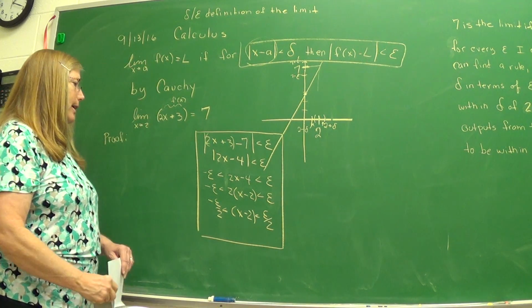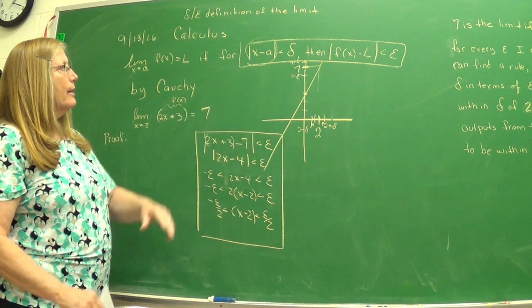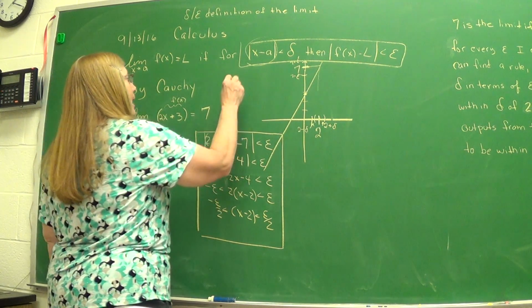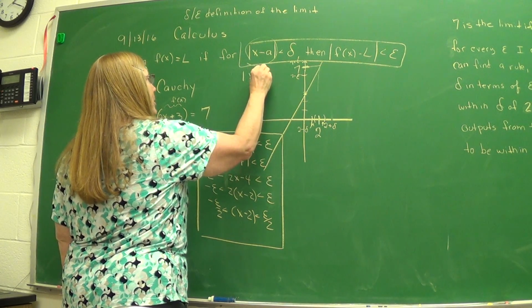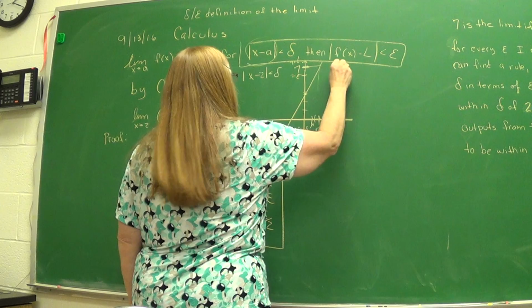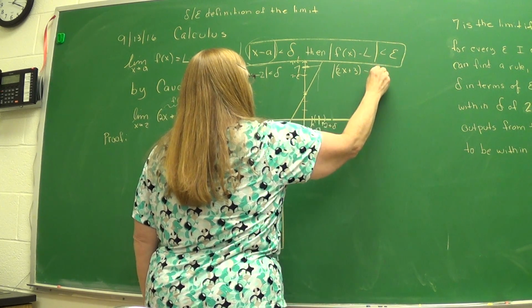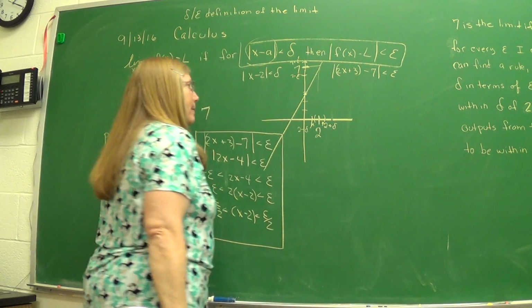Alright, so now I have an exact match. So in my problem, this is going to be absolute value of x minus 2 is less than delta. And over here, the function 2x plus 3 minus 7, the limit has to be less than epsilon.